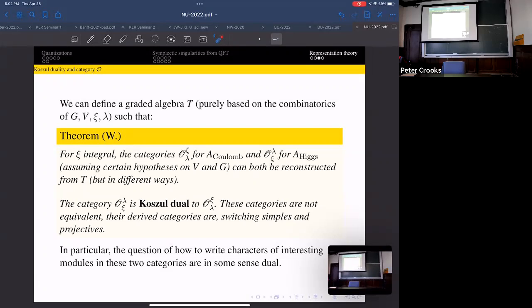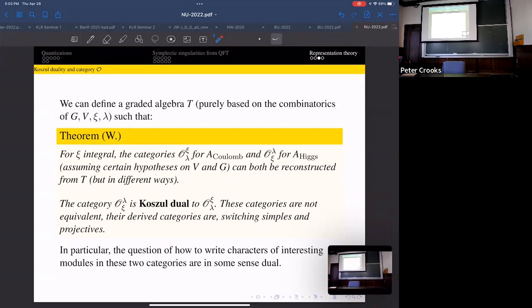On the Coulomb side, I can tell you exactly what happens at the non-integral parameters. You choose your quantization parameter, and that gives you some subgroup of your group and sub-representation of the restricted representation.